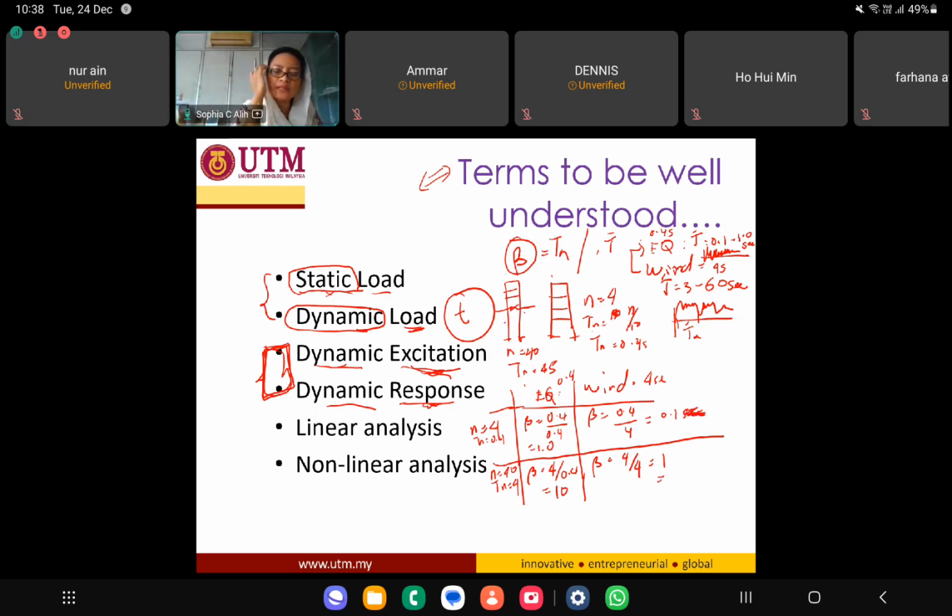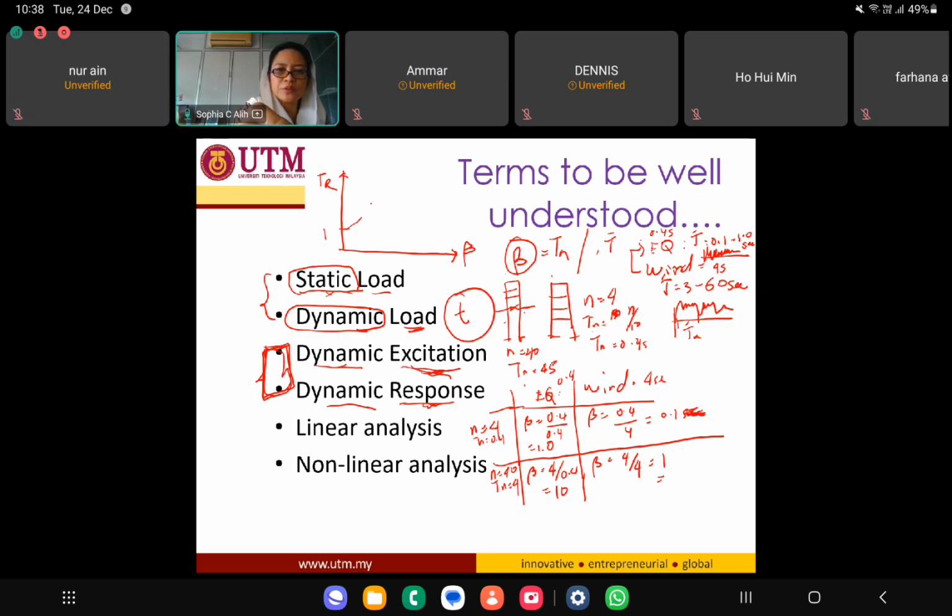So what you can see is that your beta ratio gives you the dynamic amplification factor. If I plot, this is my beta ratio, and this is my dynamic amplification factor that normally we allocate as TR, and this is 1.